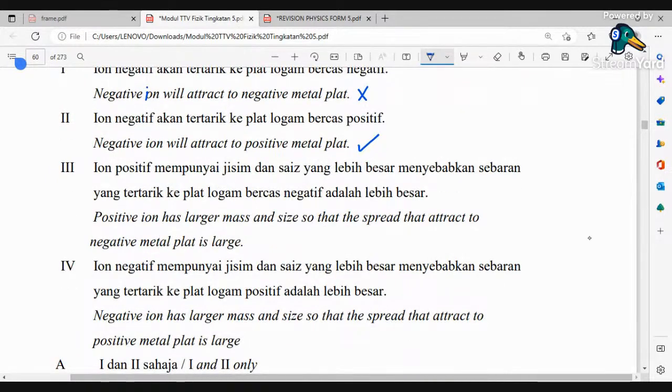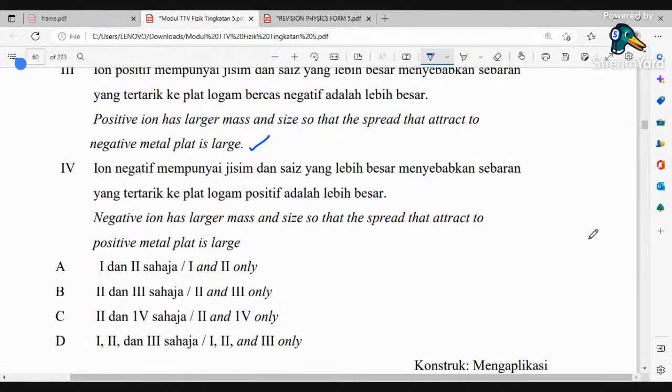Positive ion has larger mass and size so the spread that is attracted to negative plate is large, yes, correct. Negative ion has larger mass and size? No, negative ions have small mass. We have 2 and 3, so the answer for number 3 is B.